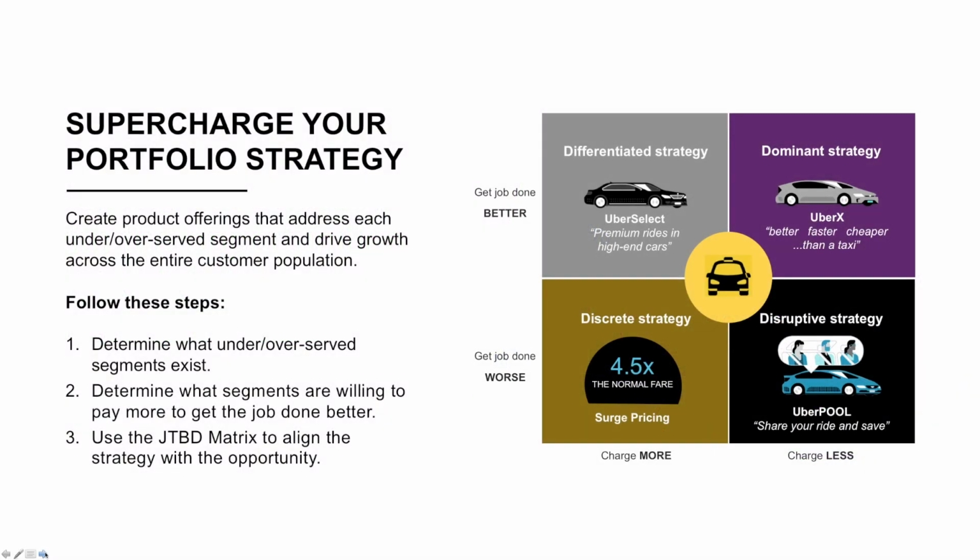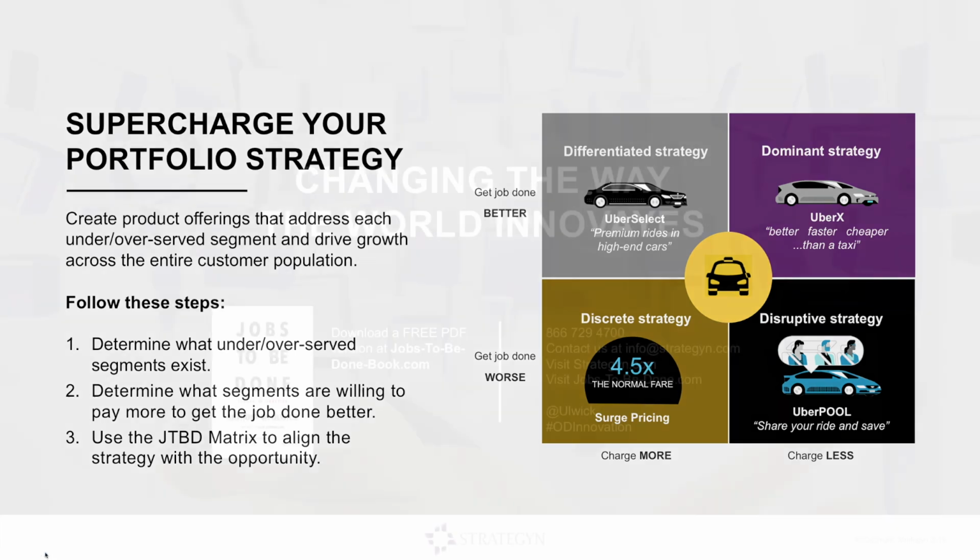By understanding what those different segments are, we can systematically put together a strategy that addresses each in the correct manner. So what we recommend is that we follow each of these steps. First, determine what under and overserved segments exist. Determine what segments are willing to pay more to get the job done better. And then use the matrix to align the strategy with the opportunity as we've described here.